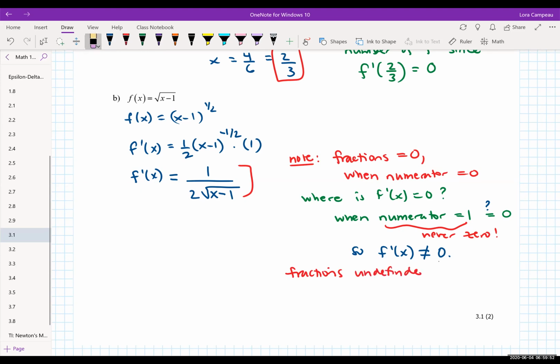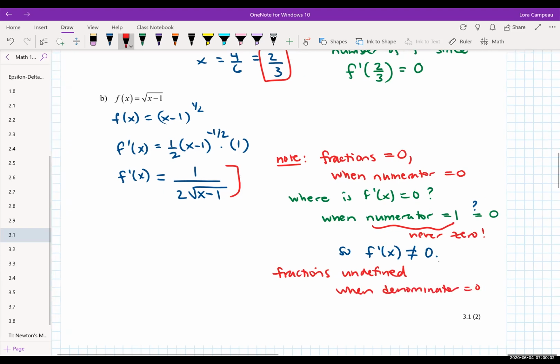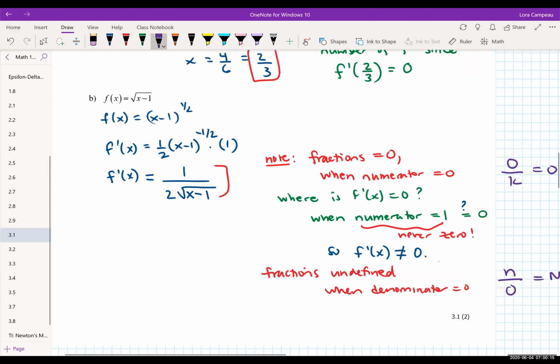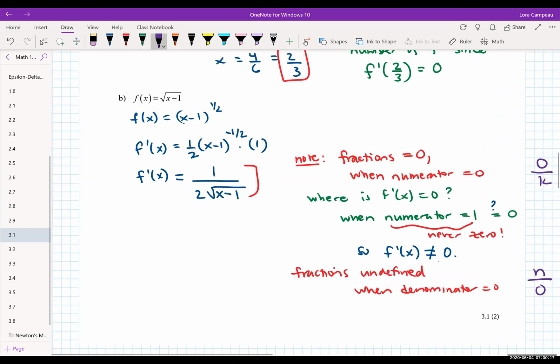Let's spell undefined right. There we go. Fractions are undefined when the denominator equals 0. You guys remember the whole, you know, 0 on top was okay because that's equal to 0, but 0 in the bottom is not okay, so that's the no part. It's kind of what brings it back to the front of my mind from my past.